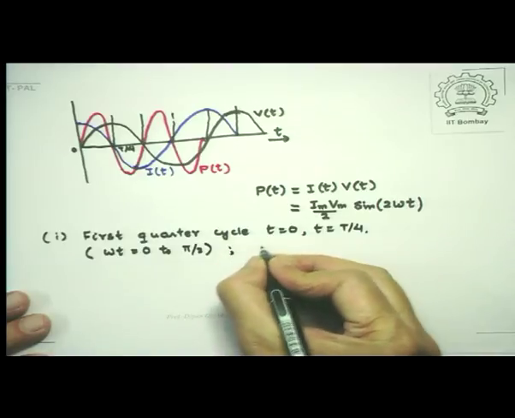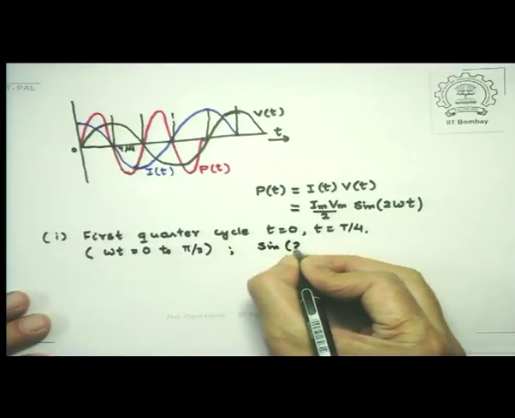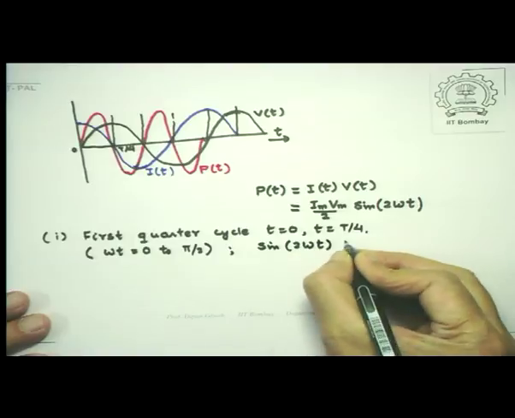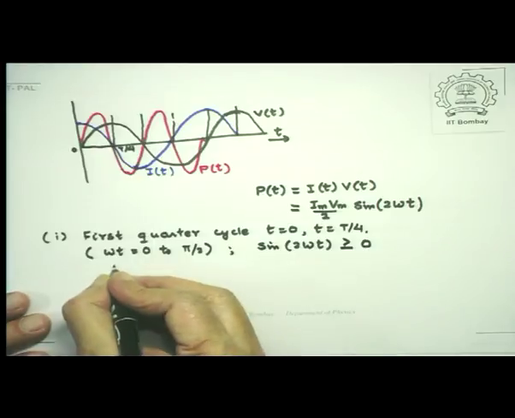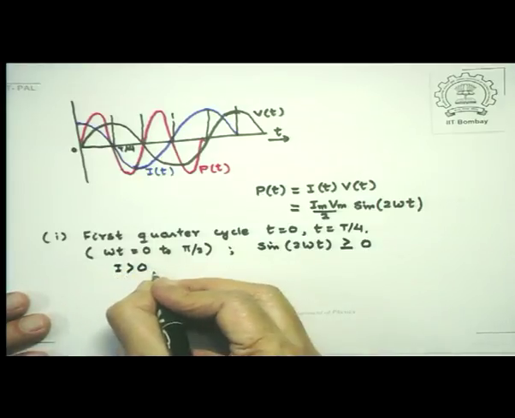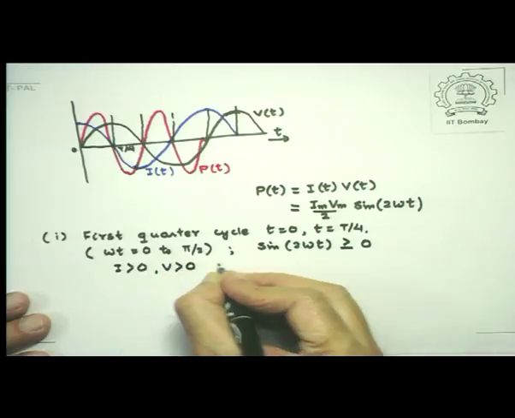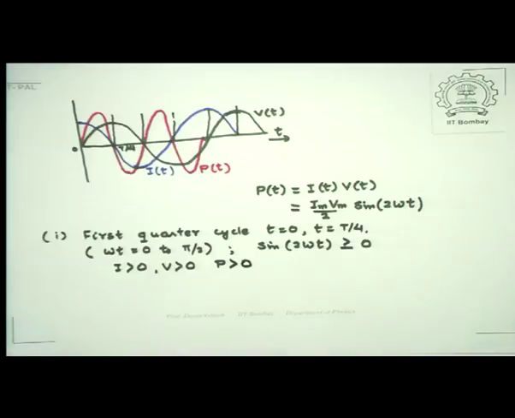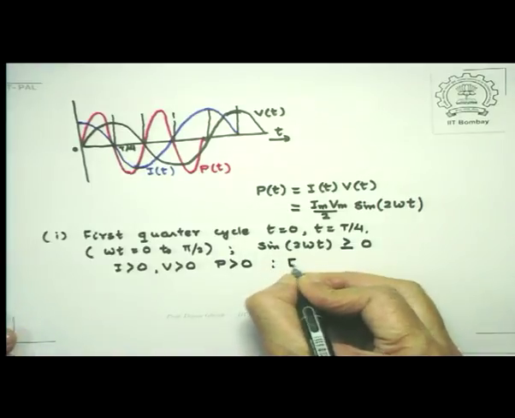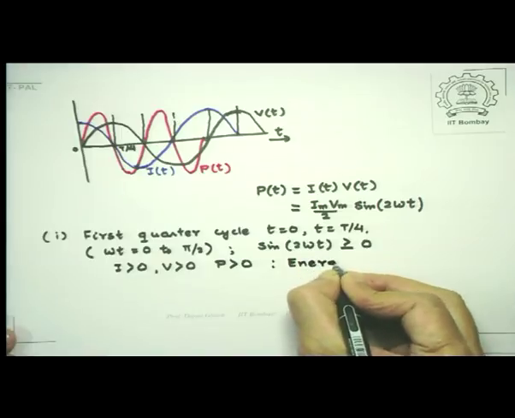So sine of 2 omega t remains positive. Now this is shown by the red curve here. So I is greater than 0, V is greater than 0, and naturally the power P, which is product of I and V, is also greater than 0. Here the energy is absorbed from the source. Power is positive means energy is absorbed.